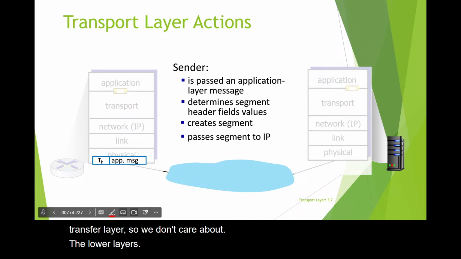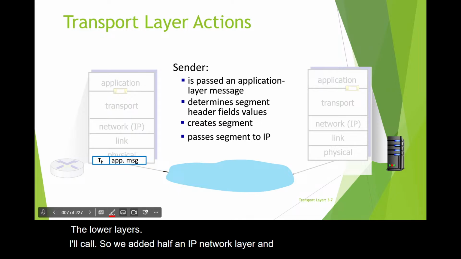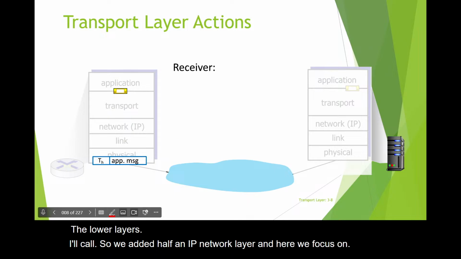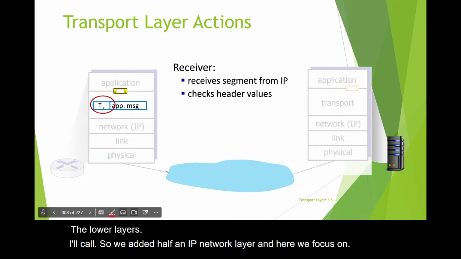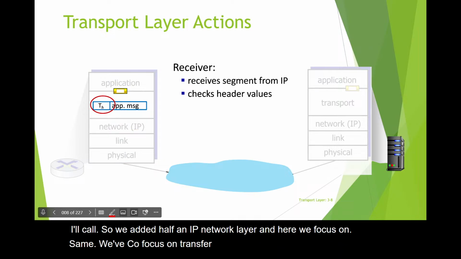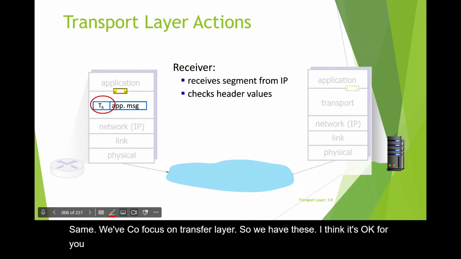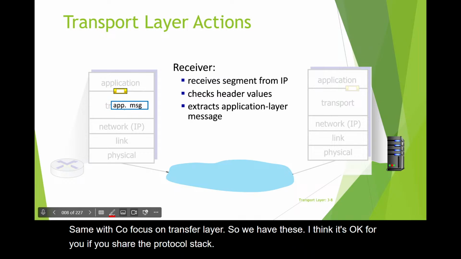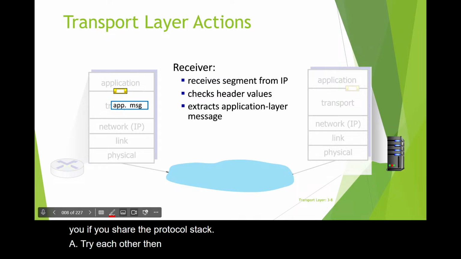Of course, we already have IP, the network layer, and here we focus on the transport layer. I think it's okay for you if you check the protocol stack. And then we can have the messaging.